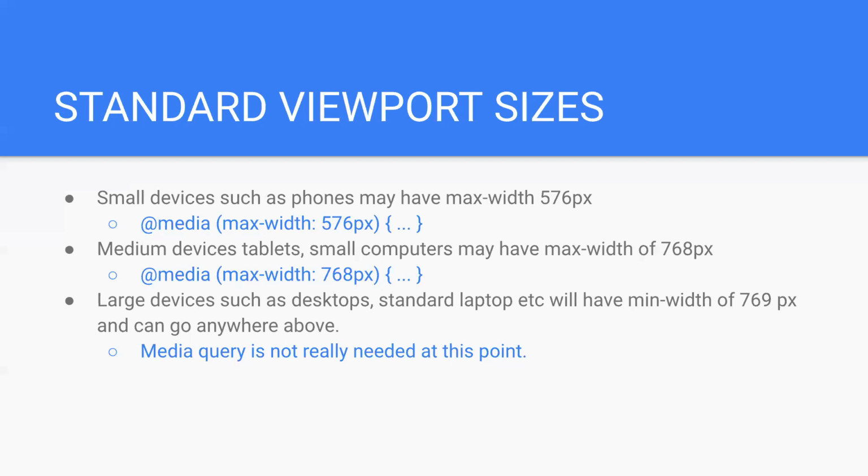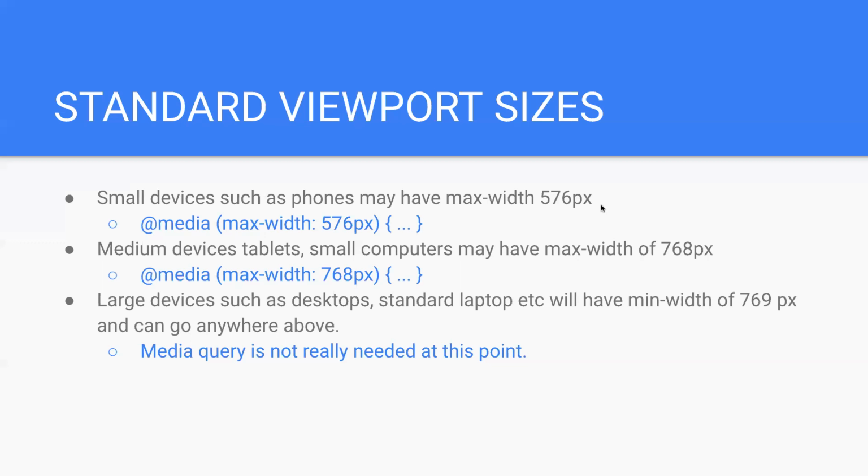So you have to be able to tell it. And therefore you have media queries. So what you would say is, okay, if my website is being viewed on a phone, and what is a phone? A phone is anything that has a maximum of 576 pixels, then show it this way.